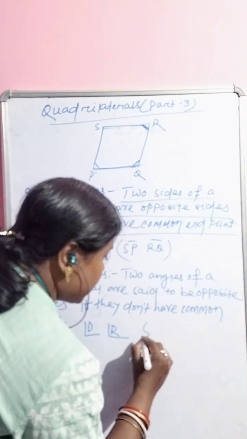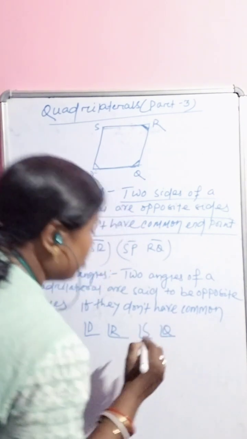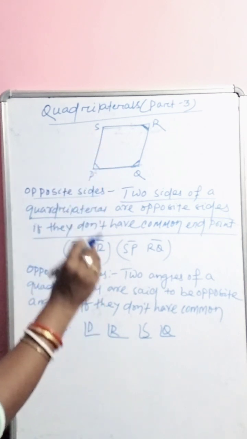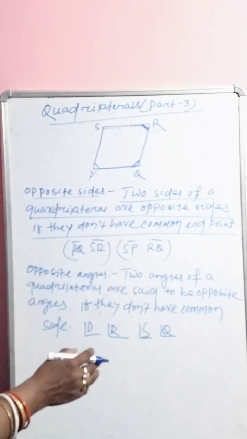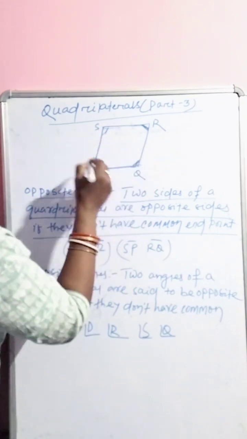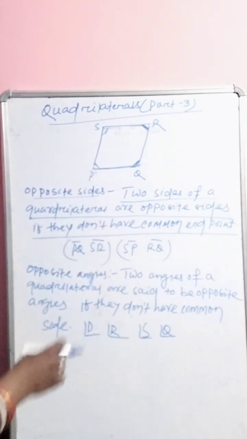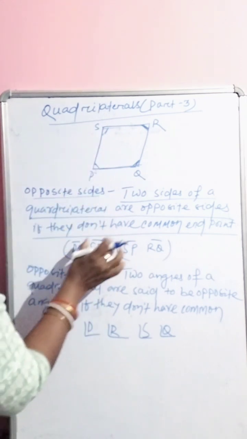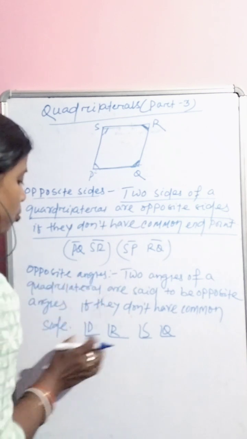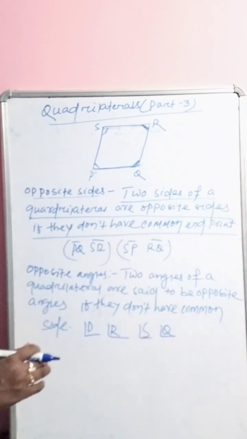Angle S and angle Q are also opposite angles because they don't have any common side. S is opposite Q, and P is opposite R. Like this, in a quadrilateral there are two pairs of opposite sides, and also two pairs of opposite angles.